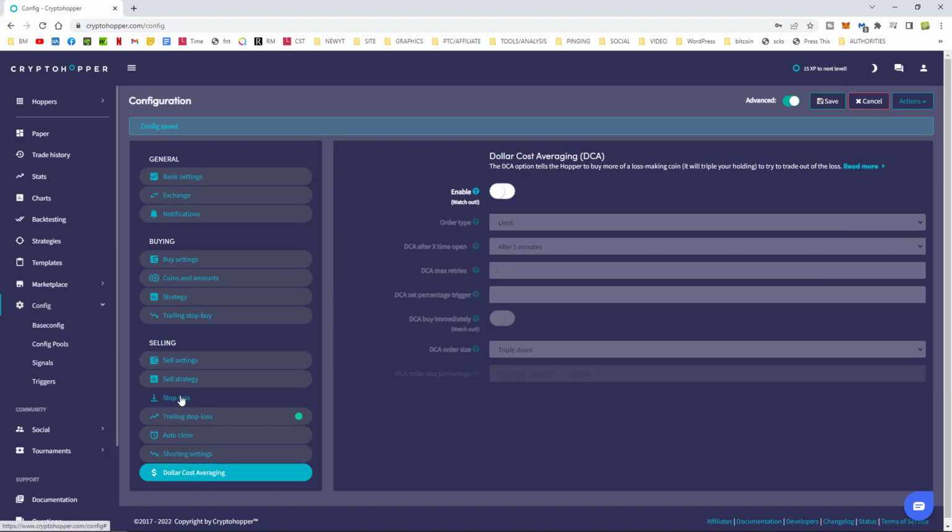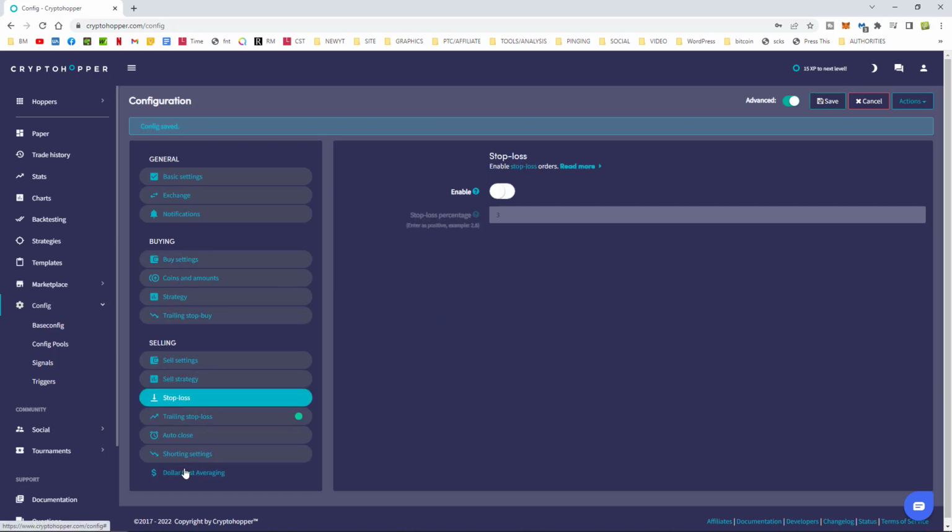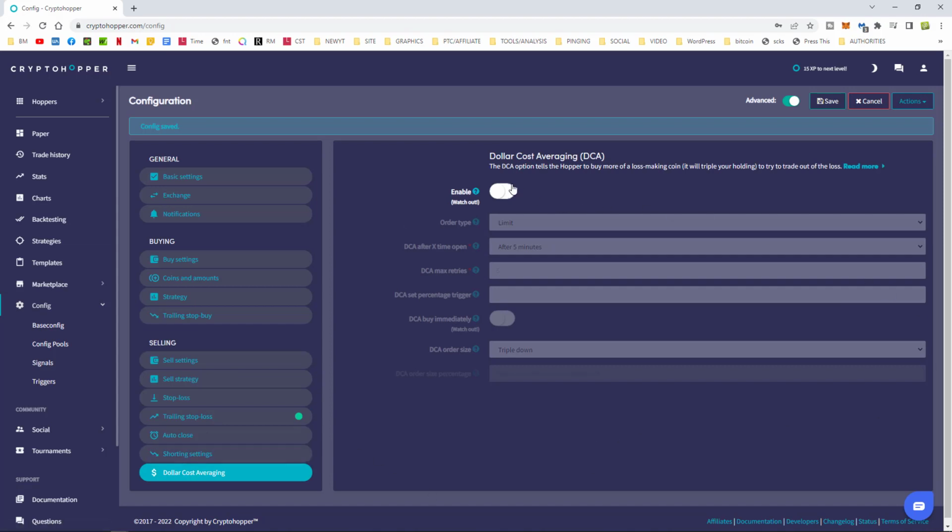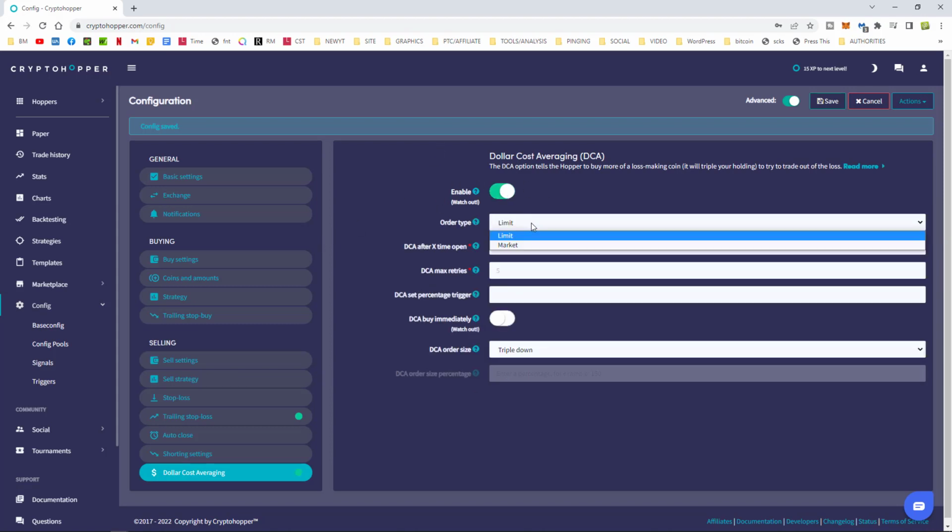So it's a different way of trading. You could buy $10 of Bitcoin at $10,000, and if it drops 5% to $9,500, what do you do? You either sell it and lose 5%, or you could buy some more, expecting Bitcoin to bounce back up. So I'll put this on for this demo.